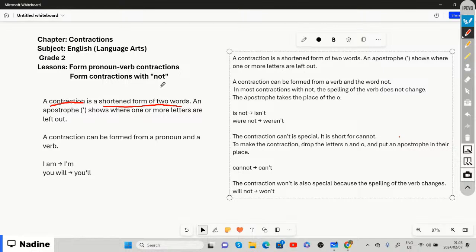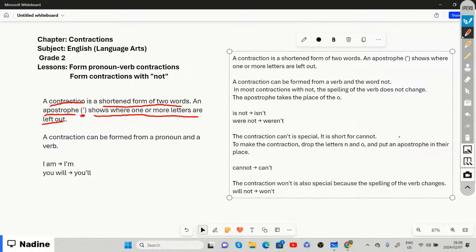We basically use an apostrophe, that little punctuation mark, to show where one or more of the letters have been left out.